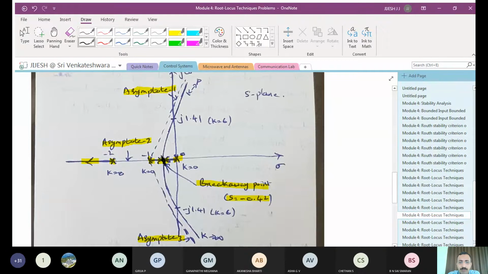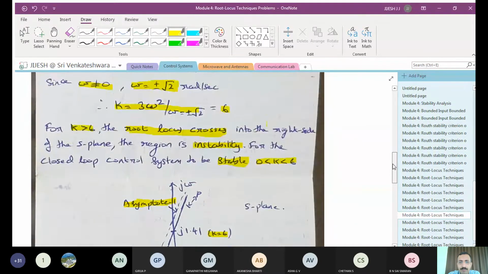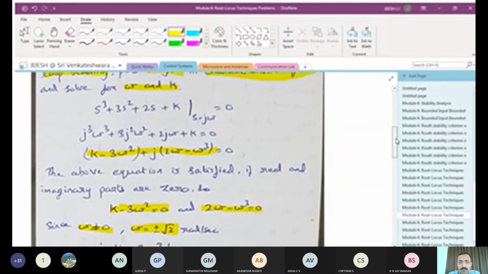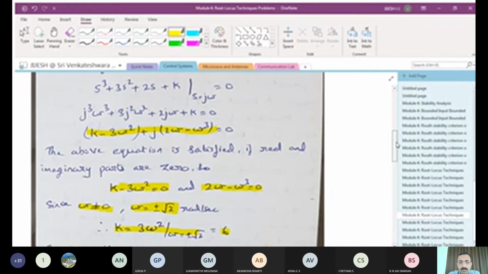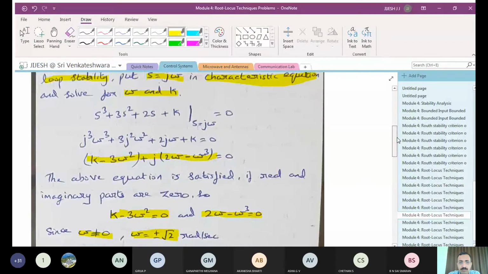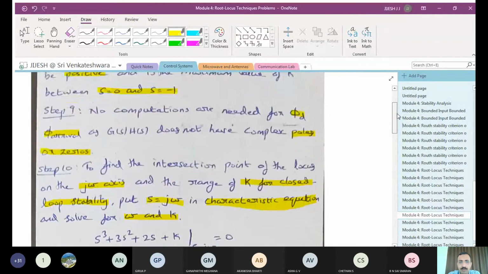We also found that the value of k is 6. So when the value of k is 6, you can go back and see.